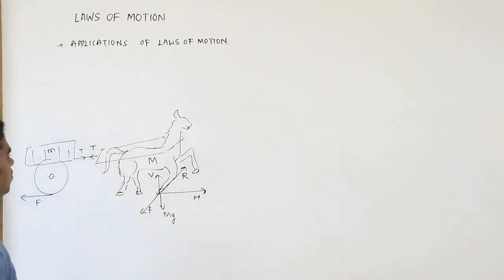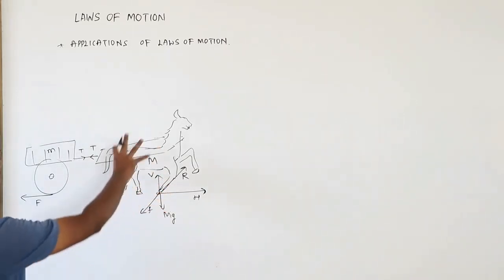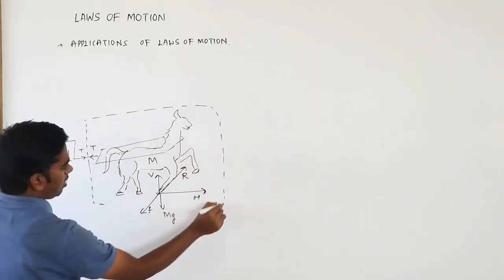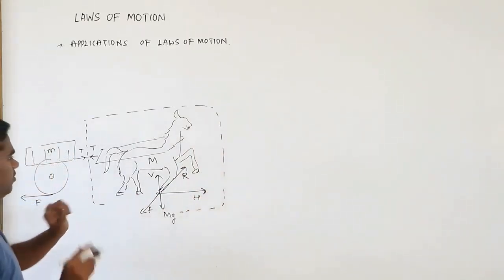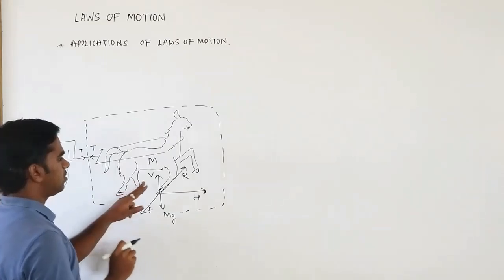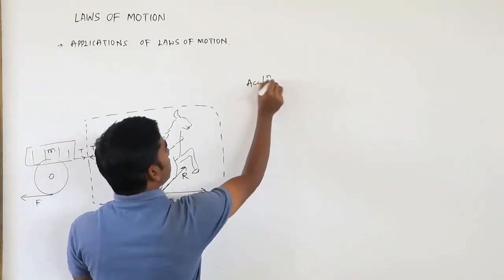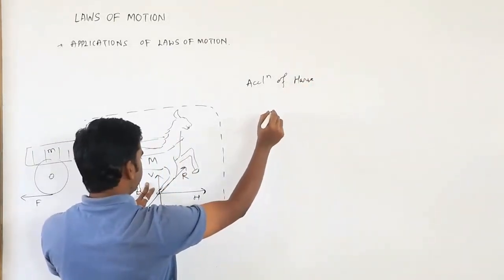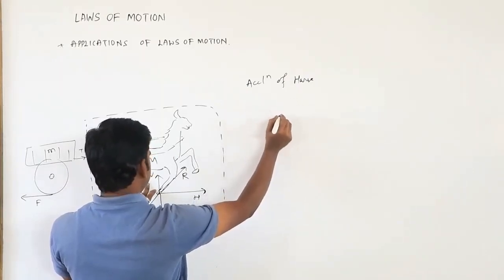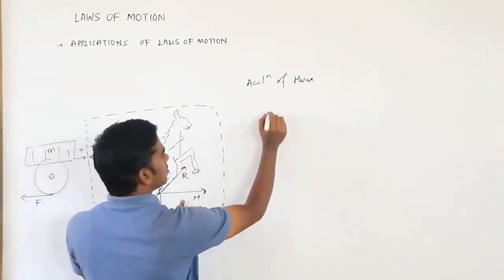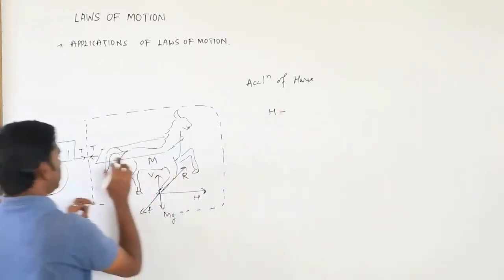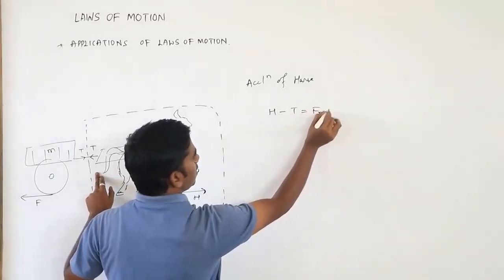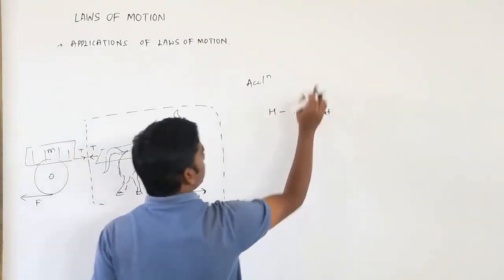Now if I want to find the acceleration of this horse, I will take only the horse part. So what can we write? The forward force is H, minus the opposite force, which is T. This is going to be F net.